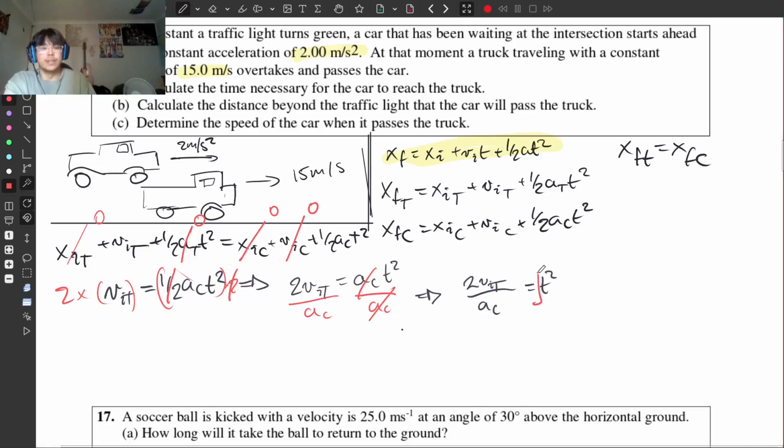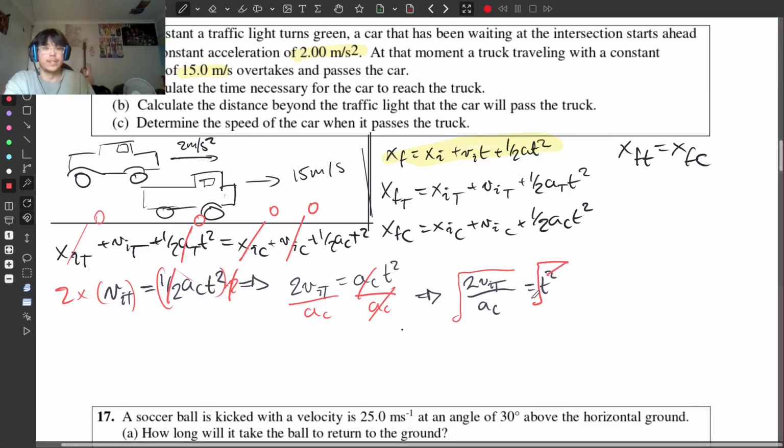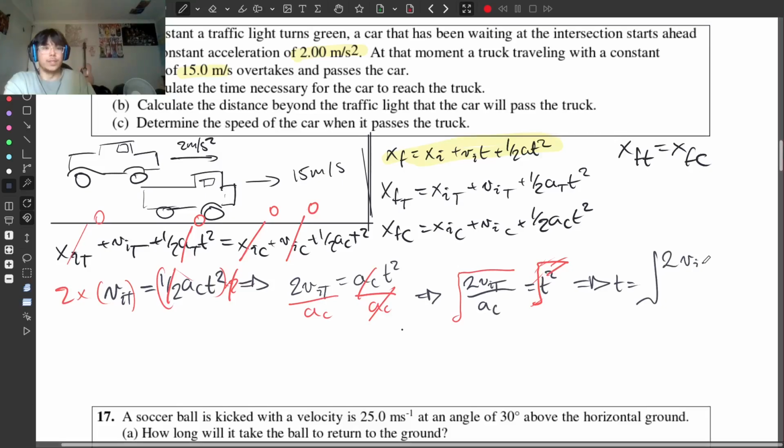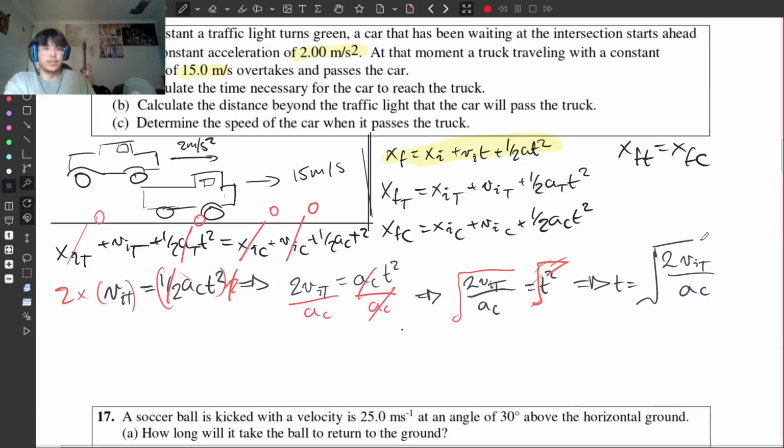And then to get rid of the power of 2, you take the square root on both sides, which means that t is equal to the square root of 2vi of the truck over the acceleration of the car.